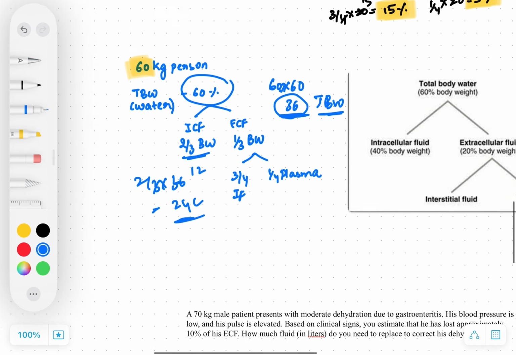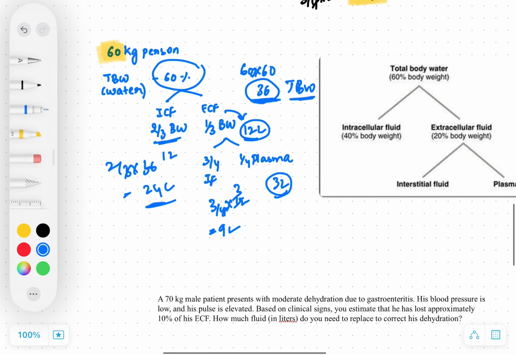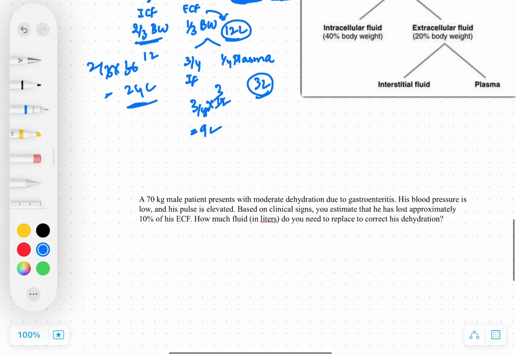So 24 liters is ICF, and the remaining 12 liters is ECF. In 12 liters, 3/4 is interstitial fluid, so it is 9 liters, and the remaining 3 liters is plasma. So we can do the calculations this way.